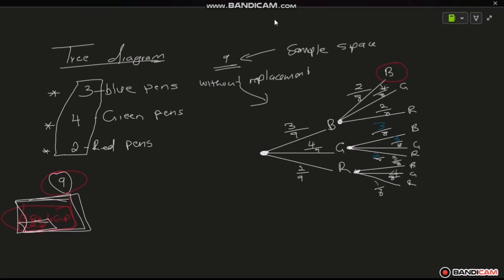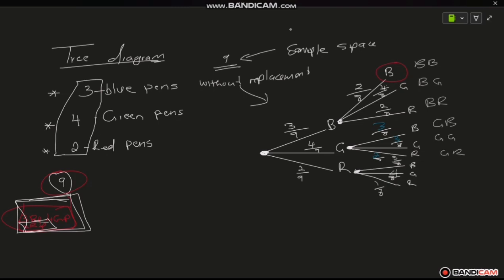So what you're going to do now, check if it's without replacement or with replacement. So you're going to multiply B, you're going to write it here. BG, you're going to write it right here. BR or RB. Then BG or GB, the same thing.